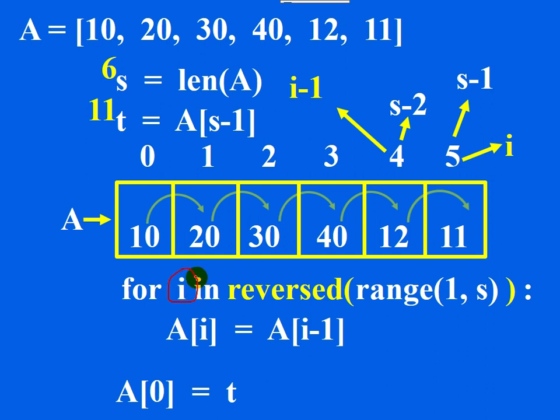When I takes S minus 2, this shifting will take place. Finally, when I takes 1, this shifting will take place. So this is the piece of code that you make use of to shift all the elements by one position to the right. Let me rewrite this code in a beautiful way.